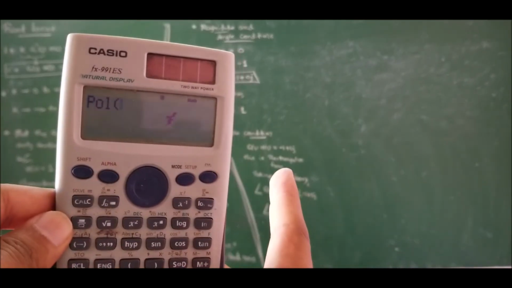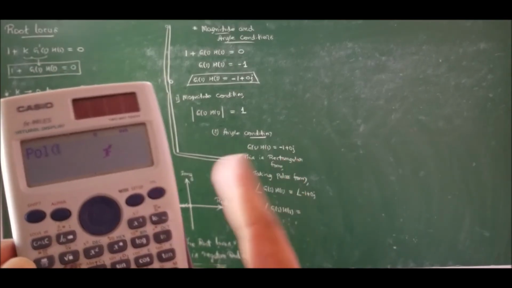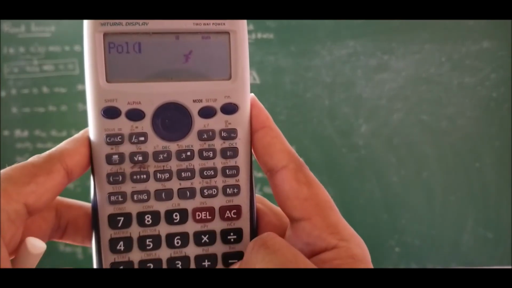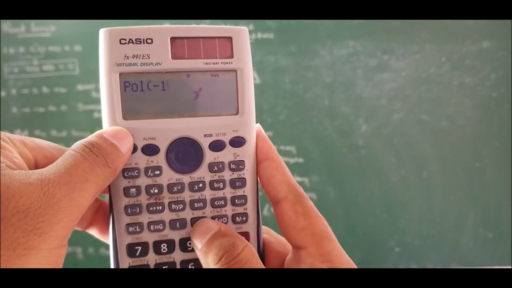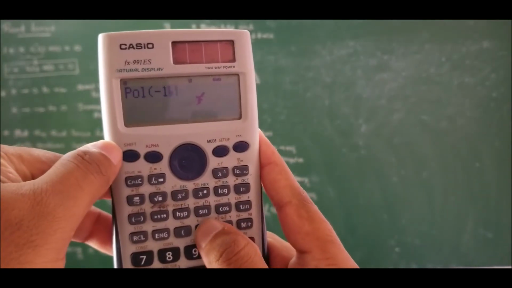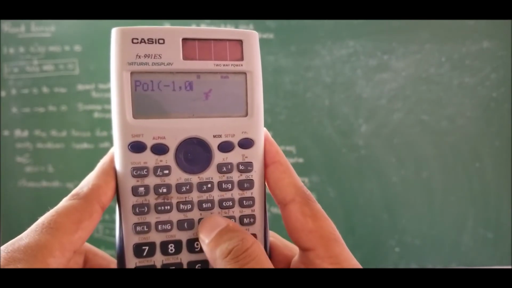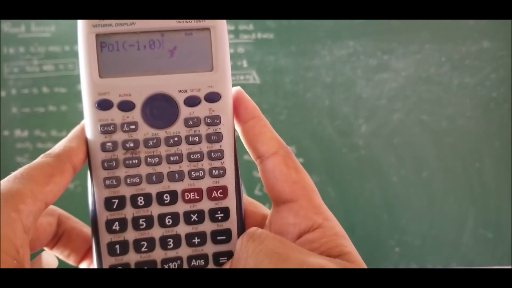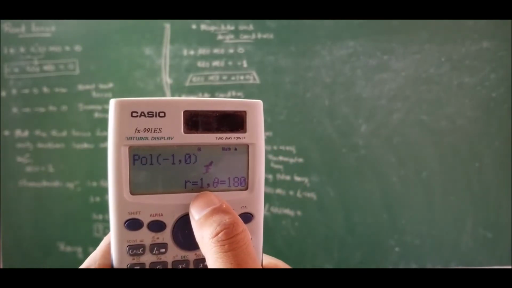What is the rectangular form? There you have the value minus 1 plus 0j. That I can enter as minus 1 comma, you should always write, keep that in mind, shift comma. What is the value of the imaginary part? 0. So close this. If I press equal to, I will get the magnitude as 1, that is correct.